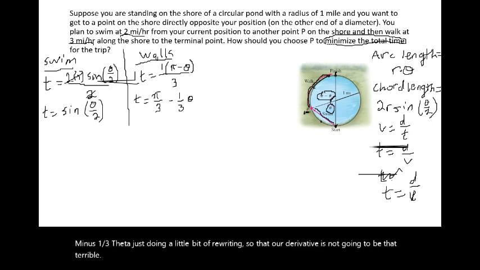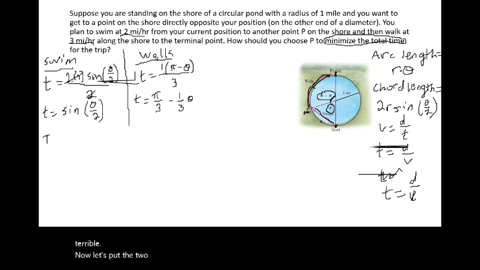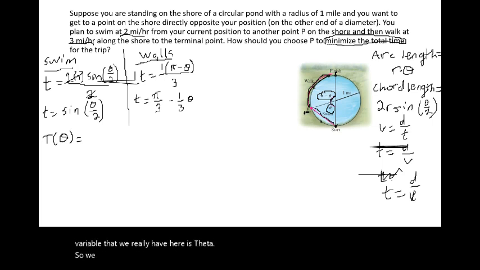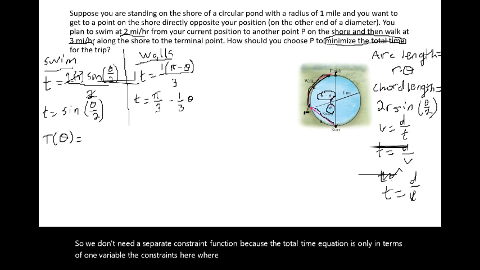Now, let's put the two of them together into a total time equation, and it looks like the only variable that we really have here is theta. So we don't need a separate constraint function because the total time equation is only in terms of one variable. The constraints here were the fixed swimming and walking speeds and the fact that the pond was a fixed size.